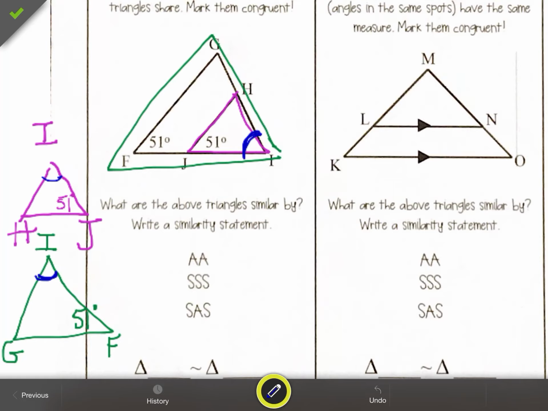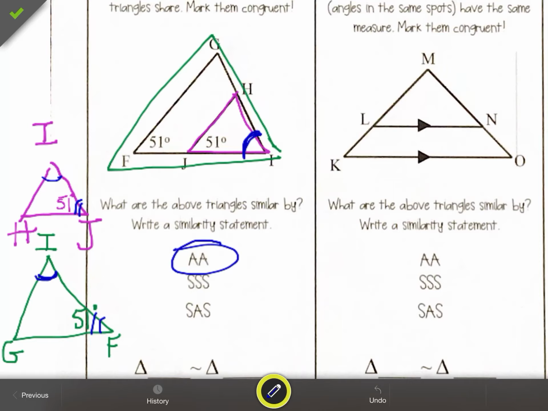I know that angle I is congruent to itself. It's kind of common sense. So there's one pair of congruent angles. And then look, this angle is 51 and this angle is 51. So isn't that another pair of congruent angles? Yeah. So I have two pairs of congruent angles.